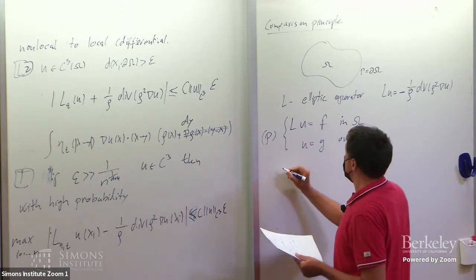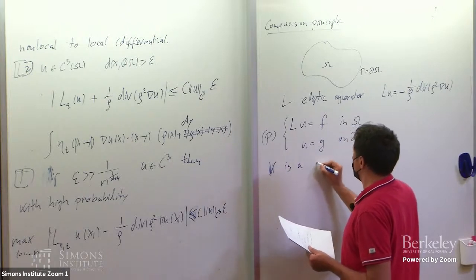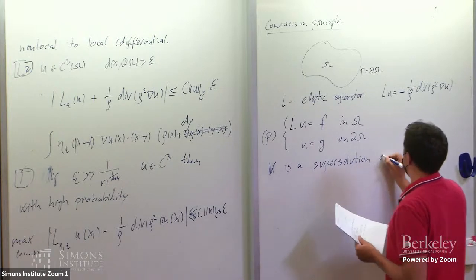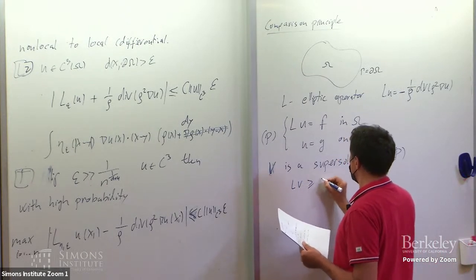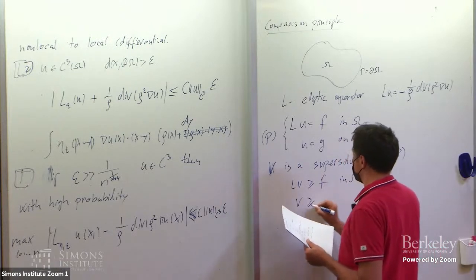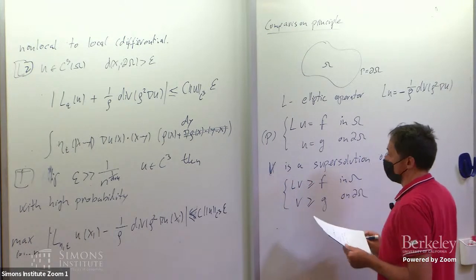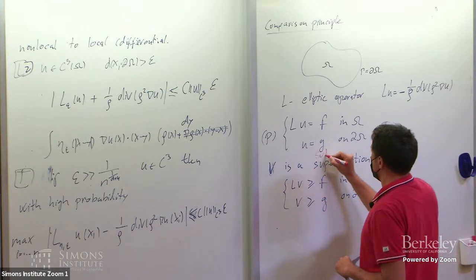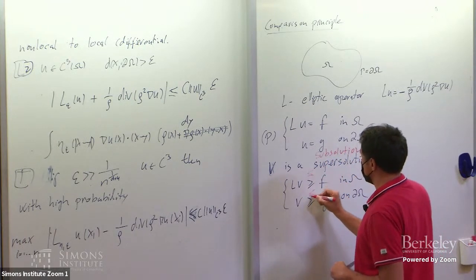Then I would say that some other function, let's say v, is a super solution of the problem P if we have that Lv is bigger or equal than f in omega, and that v is bigger or equal than g on the boundary of omega. And we have an analogous notion of a sub-solution if we just reverse these inequalities.